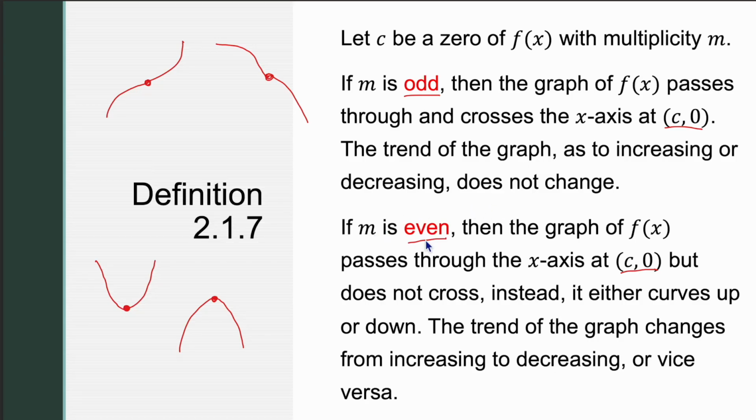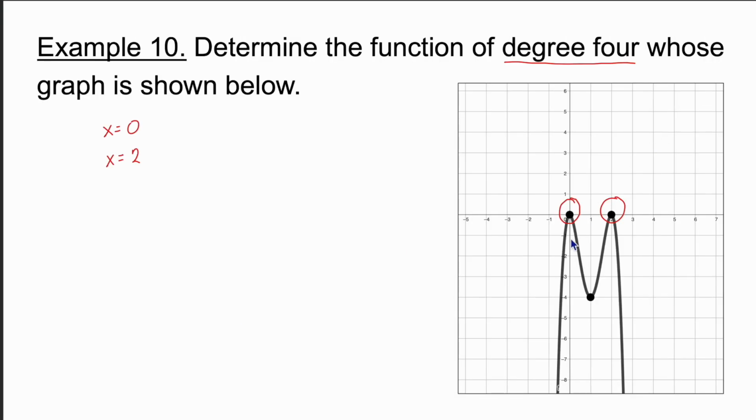Kapag m is even, nag-change siya ng trend. And if you look at this, pataas, biglang pababa, pataas, biglang pababa. Which gives us a hint that x equals 0 has multiplicity 2 and x equals 2 also has multiplicity 2.